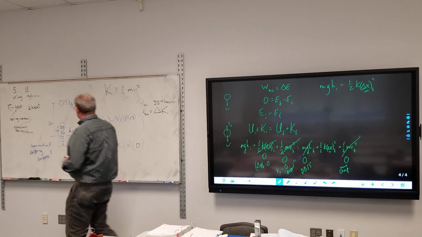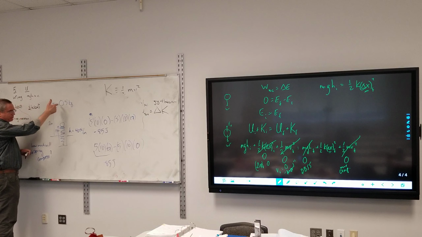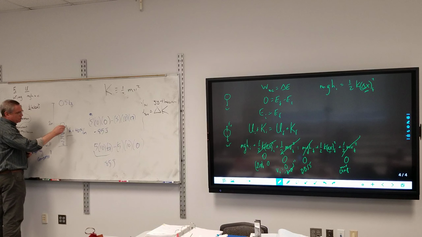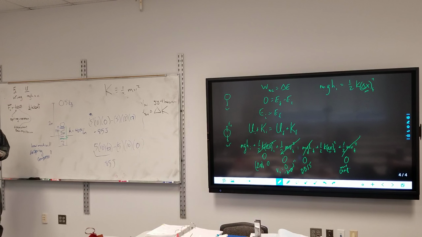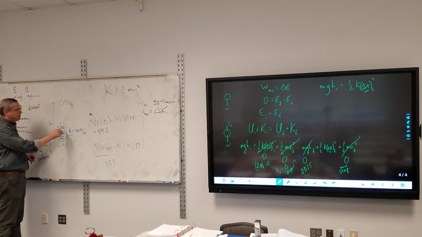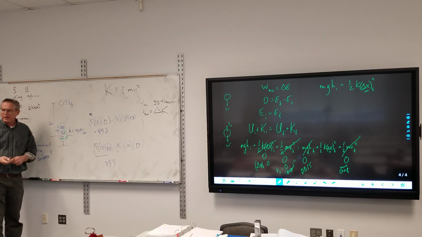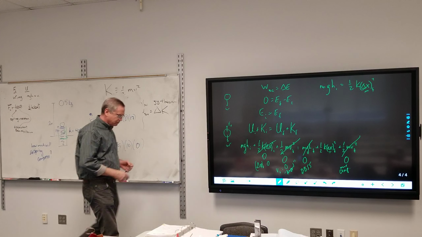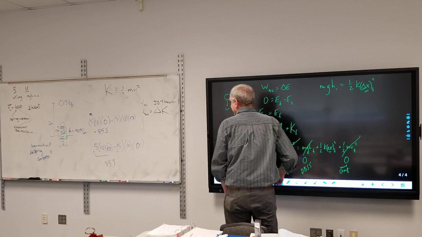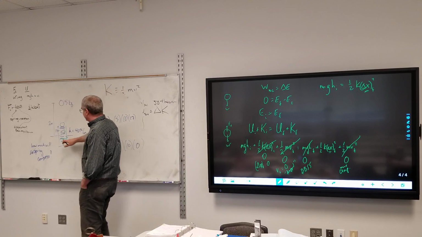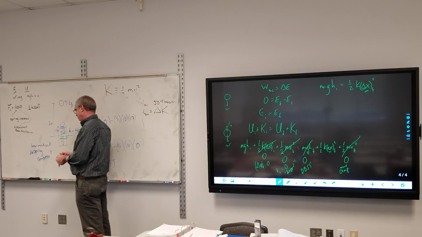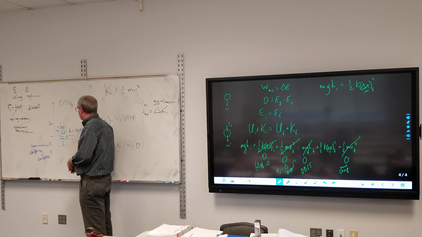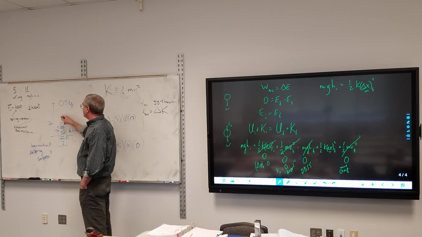Now, I know it's going to hit the spring after going 1.7 meters here, and then it's going to compress some more. I don't know how much it's going to compress, so instead of writing delta x all the time, I'm just going to say it's going to compress some value y. My initial height, since this is where we're establishing 0, is going to be y plus 1.7.